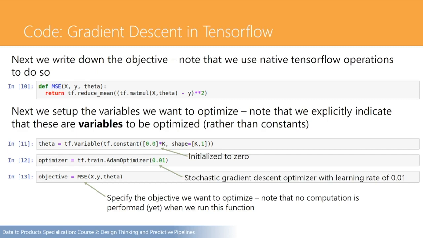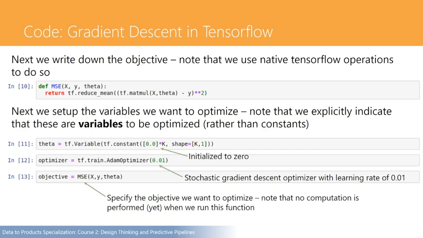So all that's going on here is I'm computing the sum of squared errors, or the mean squared error, by multiplying X by theta using the TensorFlow operation tf.matmul. It's going to give me a vector of errors. I'm then squaring that result, and I'm reducing to the mean, which means I'm just computing the mean of my vector of squared errors.